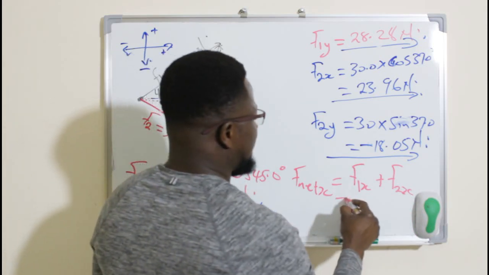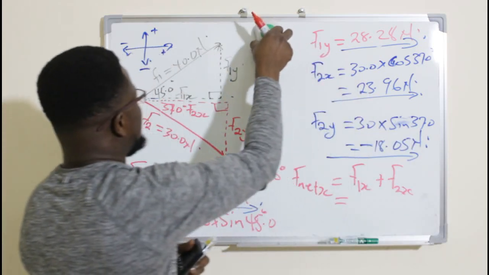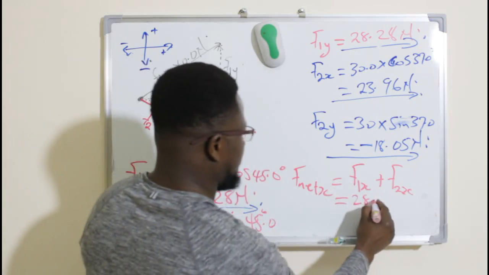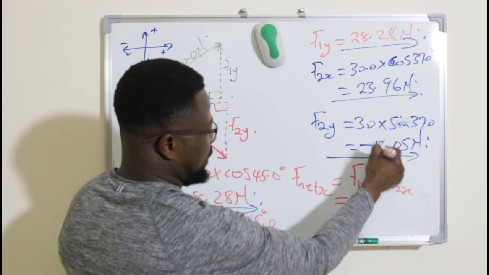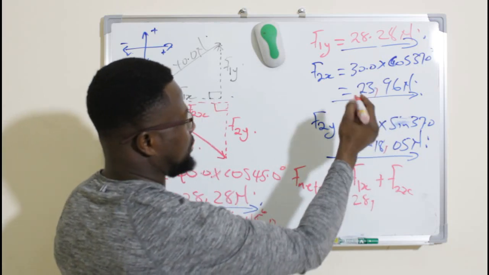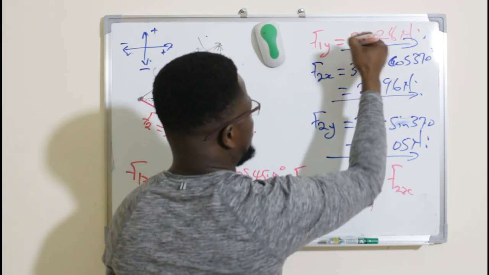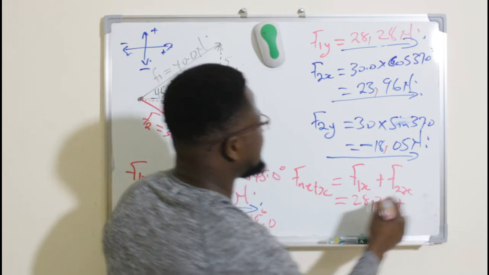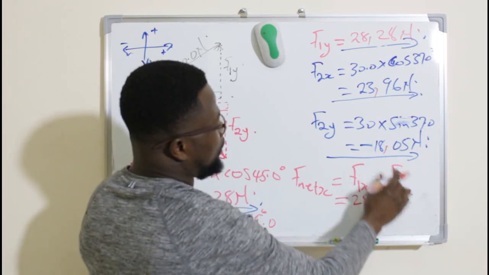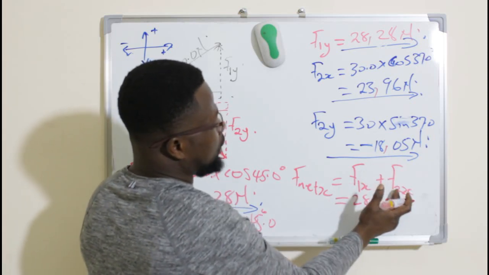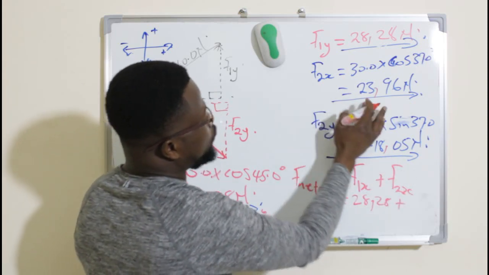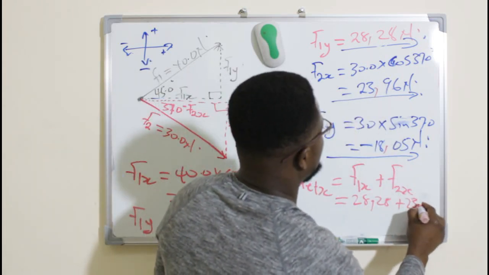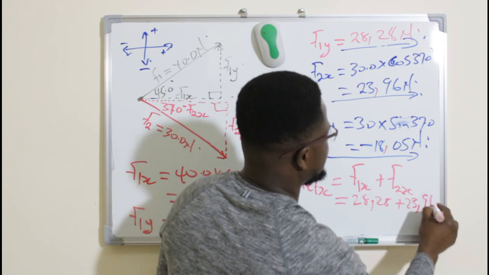When I do this, I can see that my F1x is 28.28. Please pardon me if I use a point or a comma, it means the same thing. We can use any of them. So 28.28 plus, and now I am looking for F2x, and F2x is 23.96.